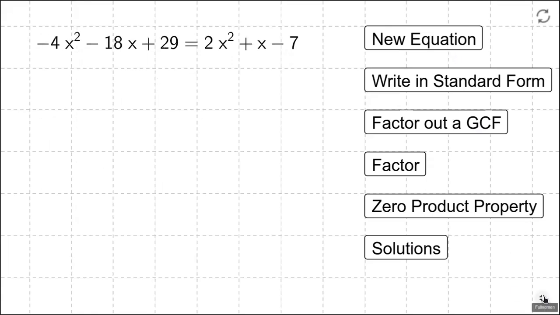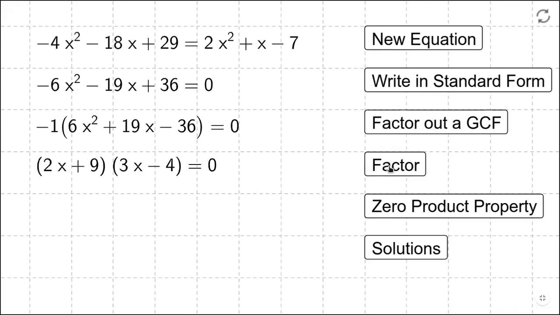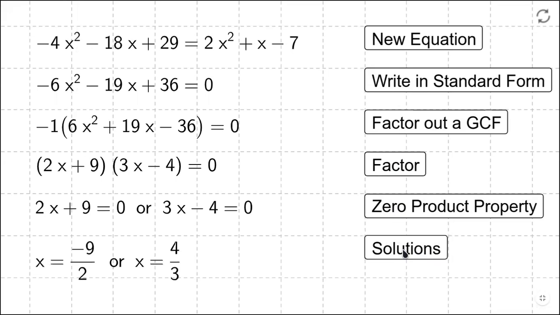We can demonstrate the solutions of any number of problems. Standard form, and these are the factors, the zero product rule and the solutions. This is to demonstrate the steps of solving.